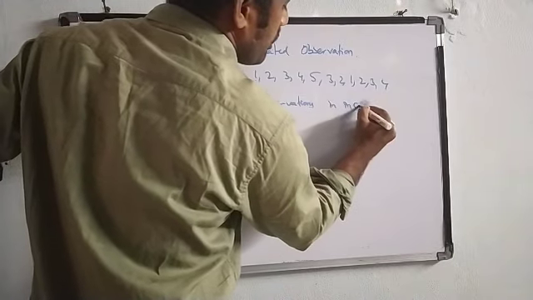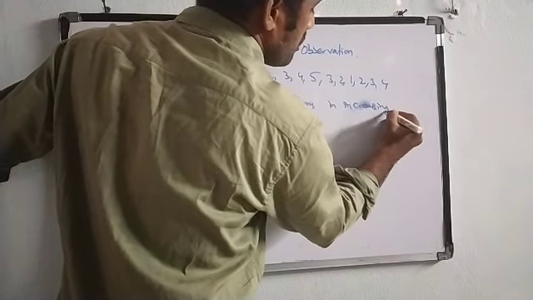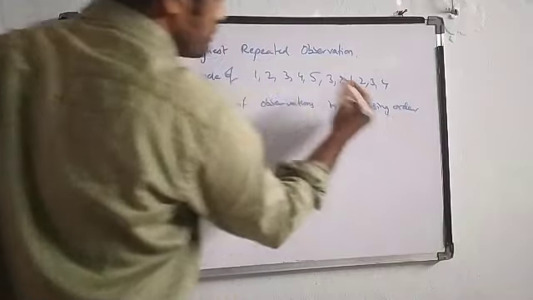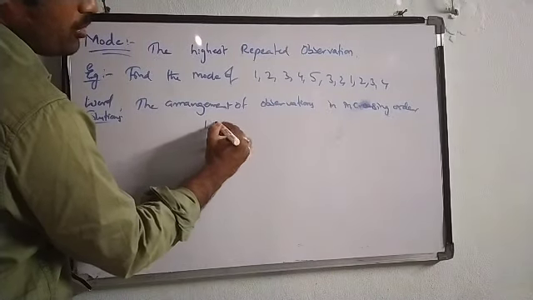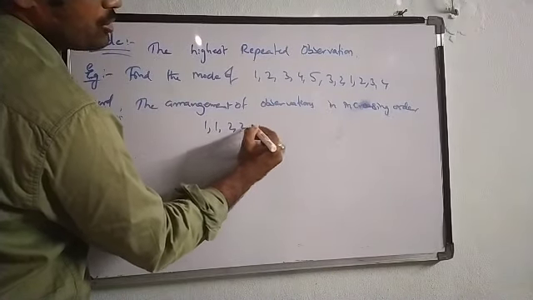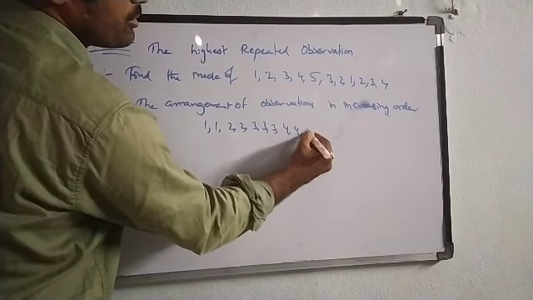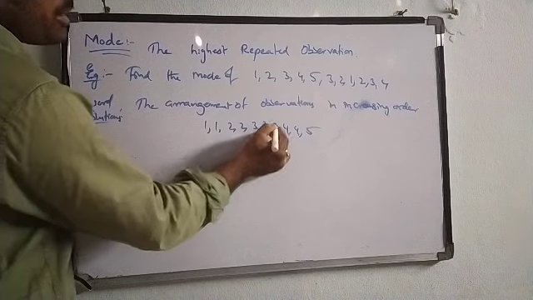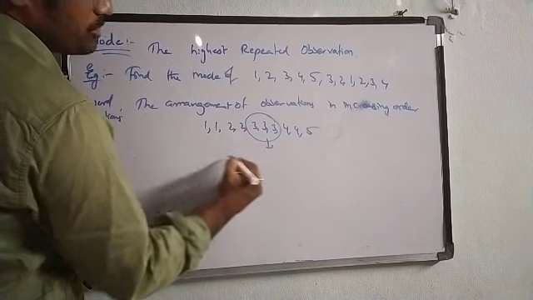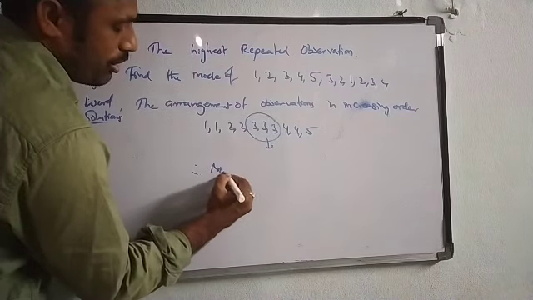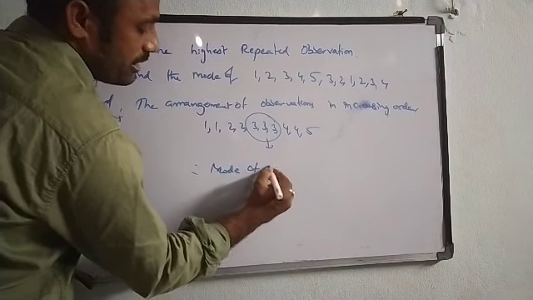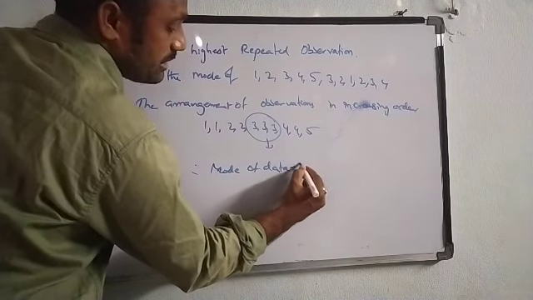If you arrange the observations in increasing order, it is 1, 1, 2, 2, 3, 3, 3, 4, 4 and 5. So in this, 3 is repeated the highest number of times. Therefore, the mode of the data is equal to 3.